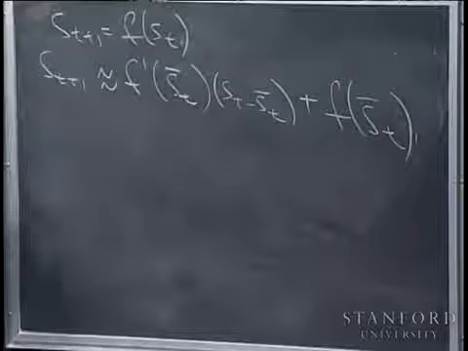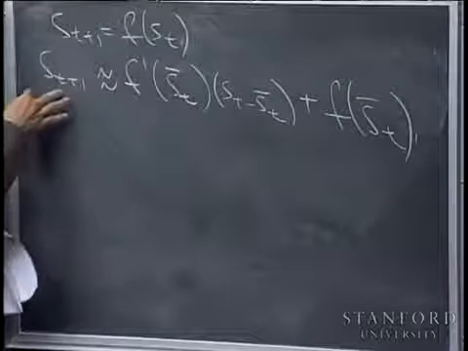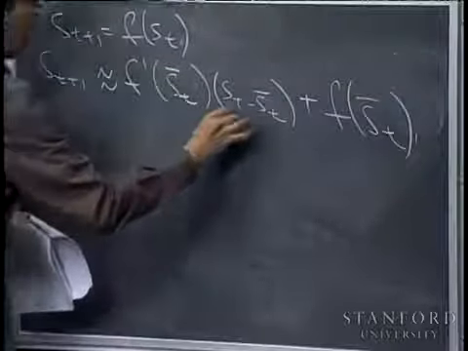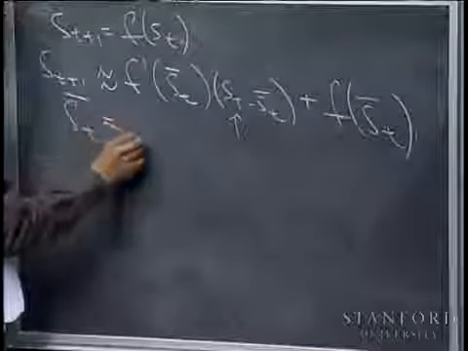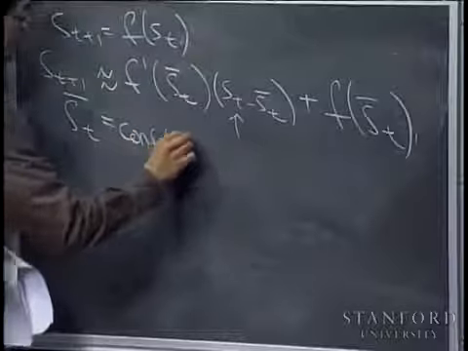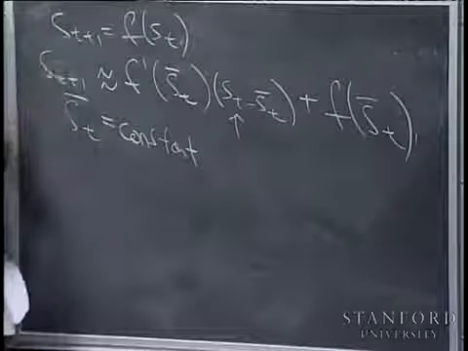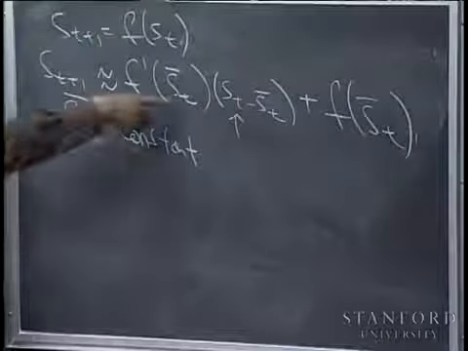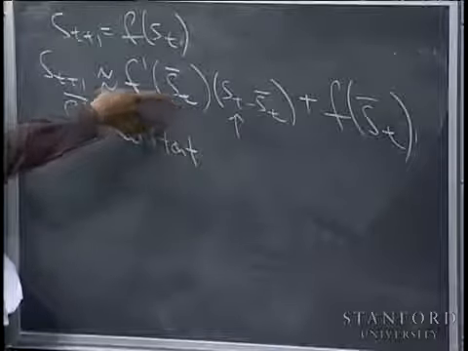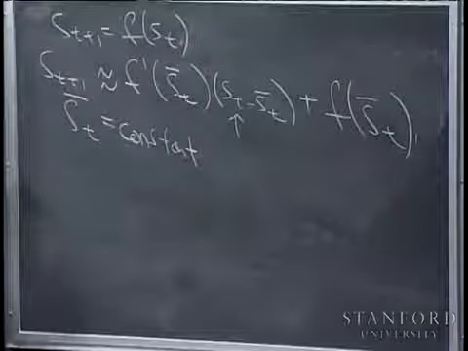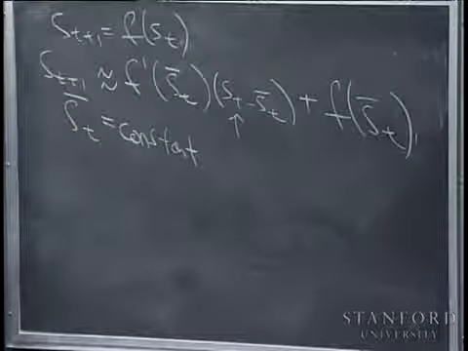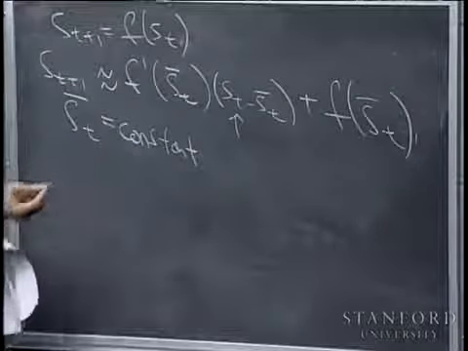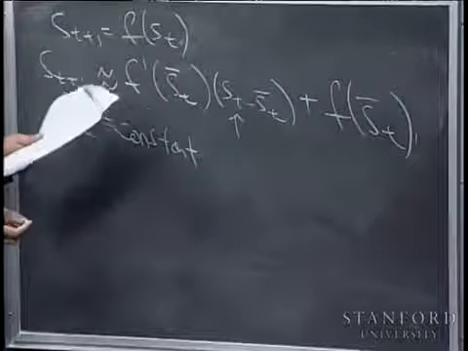And so with this, you've expressed s_{t+1} as a linear function of s_t. Just note that s bar t is a constant. It's not a variable. So, does that make sense? s bar t is a constant. f prime of s bar t is the gradient of the function f at the point s bar t. And this is really just the equation of that linear function. And so you can then convert this to A and B matrices.